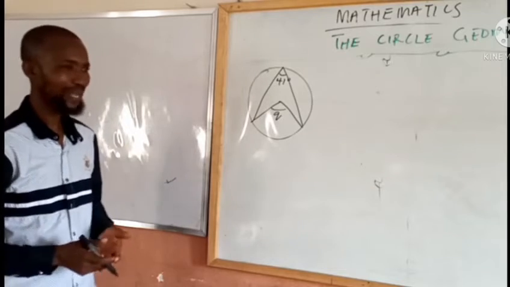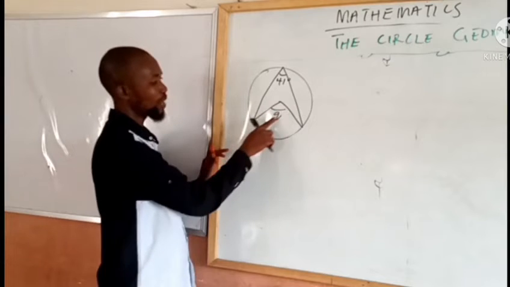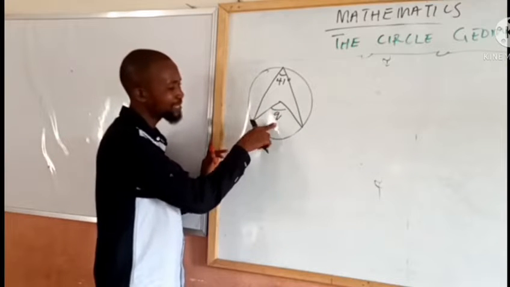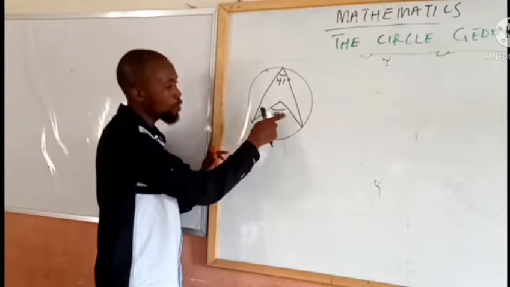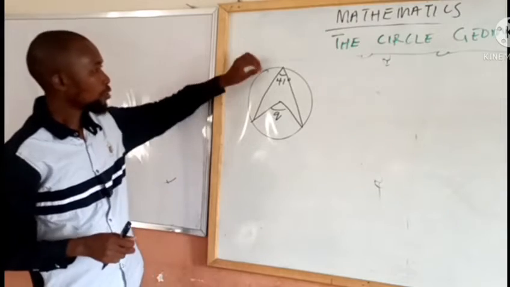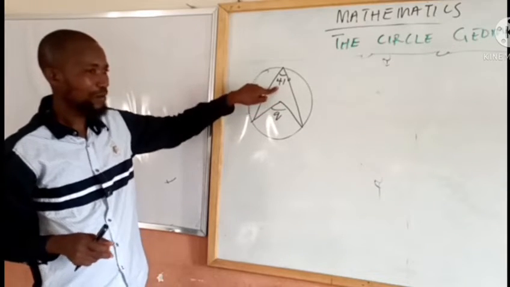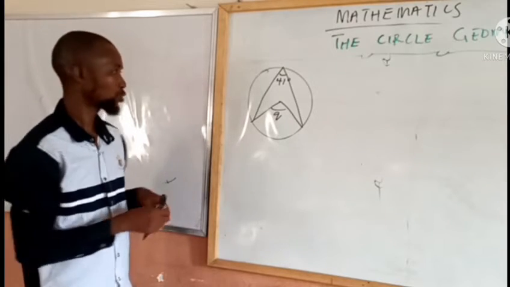And what is the meaning of that theorem? What the theorem is saying is that the angle we are going to have here is double any angle we have at the circumference. That is, two times the angle at the circumference will be equal to the angle at the center.